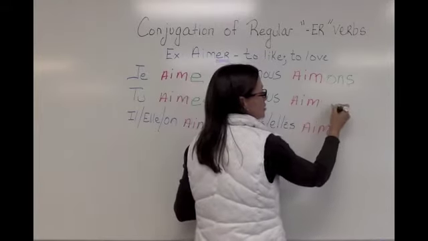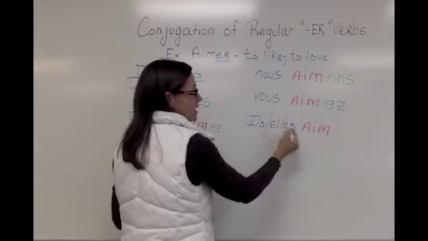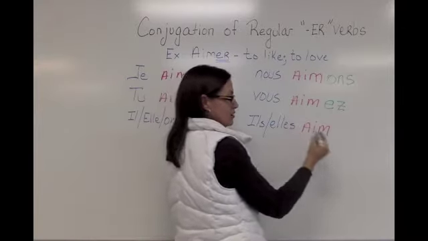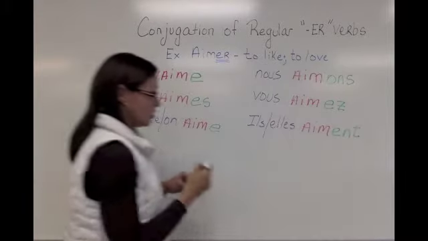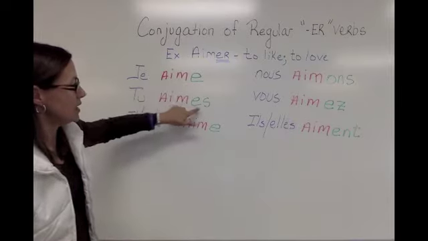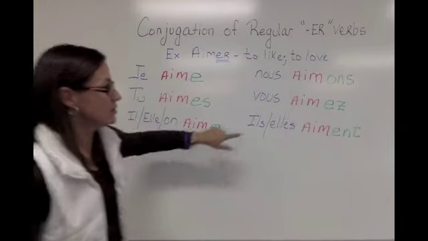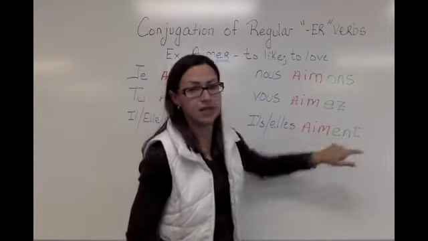For vous, it is E-Z. And then ils, elles, pluriel, is going to be E-N-T. Okay? So let's repeat. E, ES, E. O-N-S, EZ, ENT.